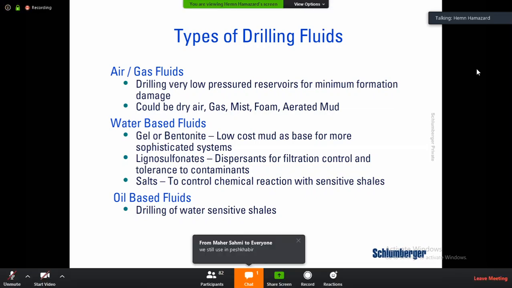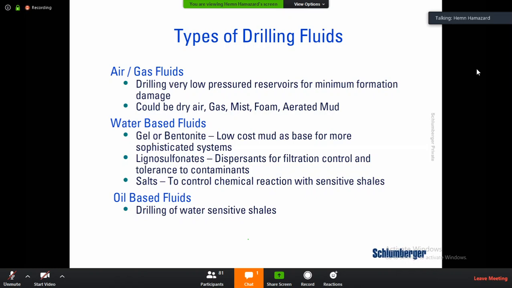Another type of drilling fluid is the water-based fluids. This is the most common one while drilling. As you know, gas or mist or foam or air don't have any viscosity. They don't have any rheology.